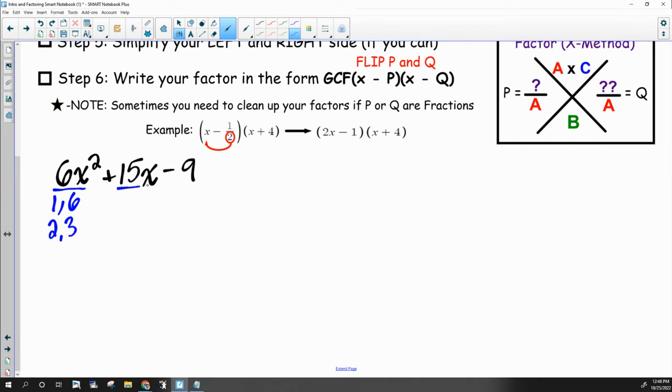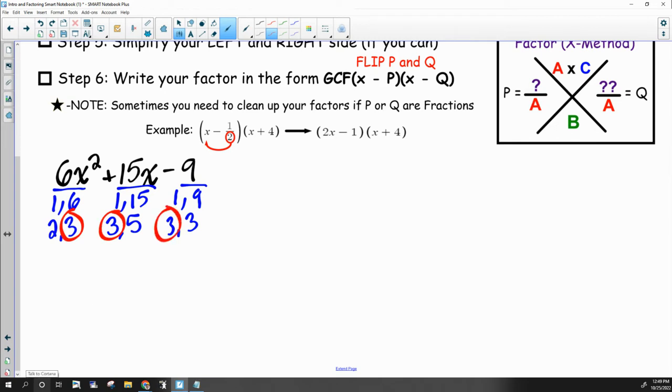What are the factors of 15? 1, 15. 3, 5. And 9? 1, 9. And 3 and 3. Is there a greatest common factor? 3. You bet. 3 is the greatest common factor.